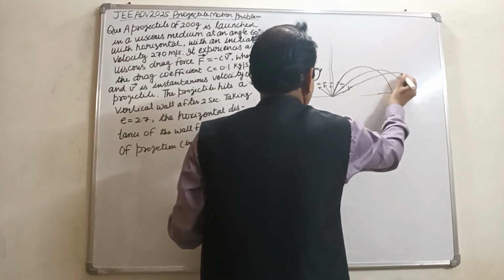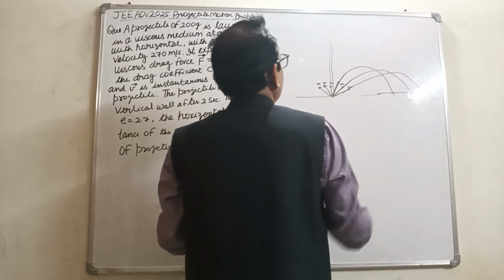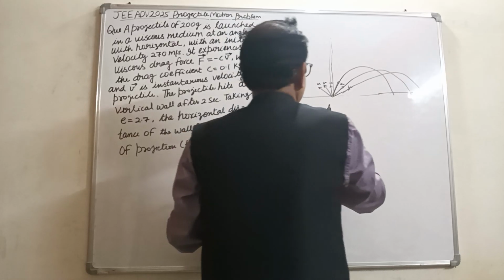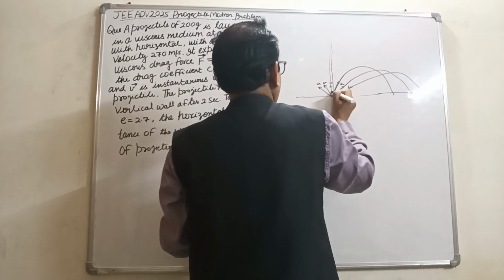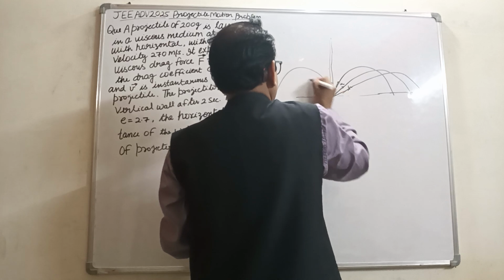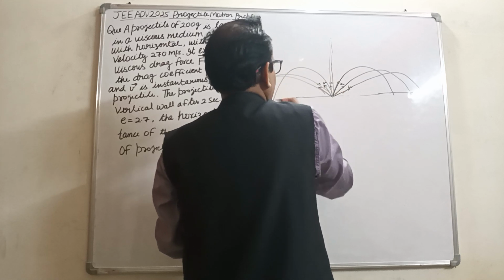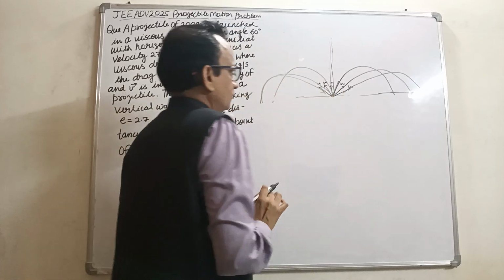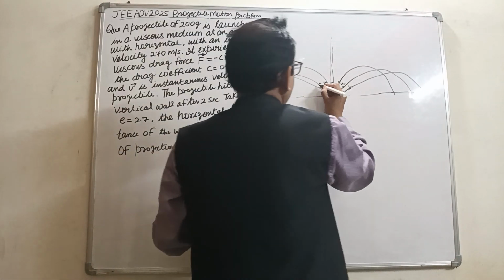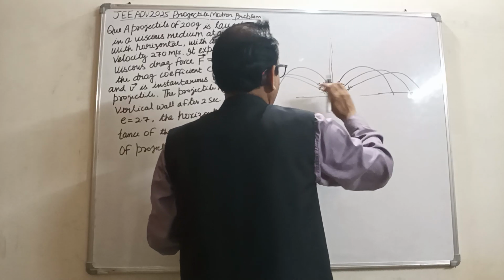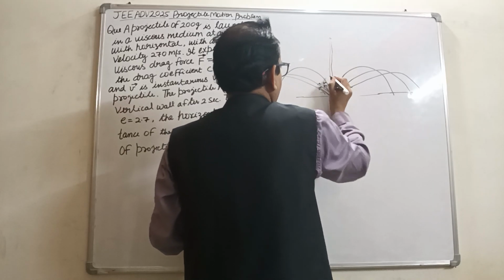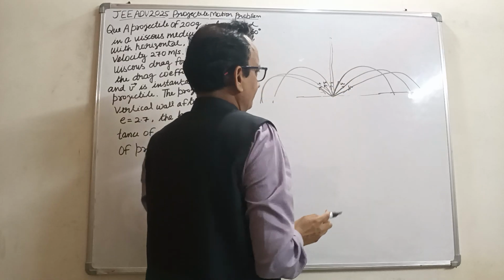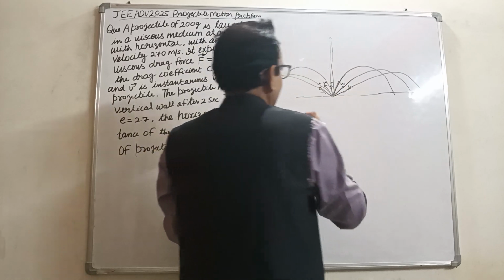Similarly here, this would be a trajectory, this would be a trajectory, this would be a trajectory. So there are different trajectories here. You observe the initial velocity of firing the bullet in this xy plane is the same.